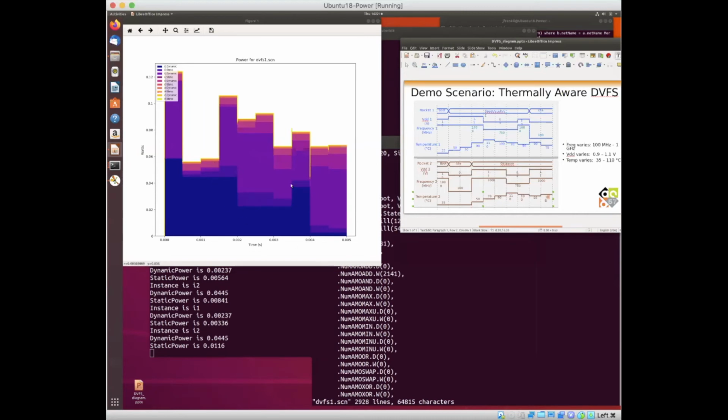And we see that happening. We see both the dynamic power varying as well as the static power varying as it's temperature sensitive. So now, in short, you have seen here a full system level power analysis based on UPMs for a dual-core RISC-V based SoC running multiple workloads under DVFS.